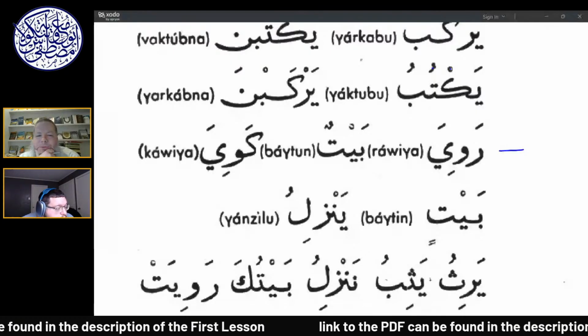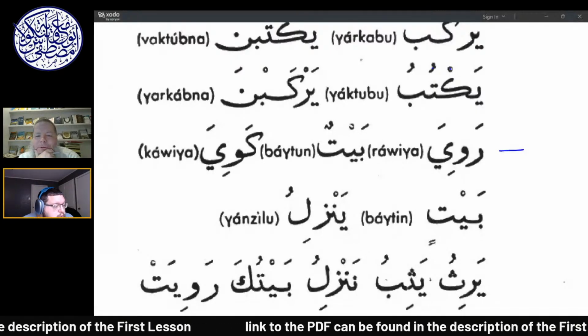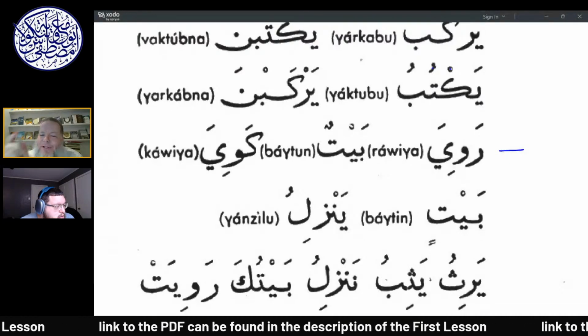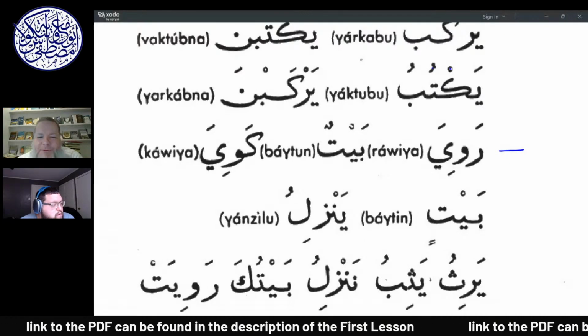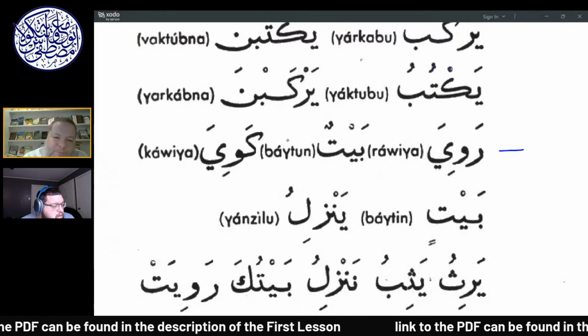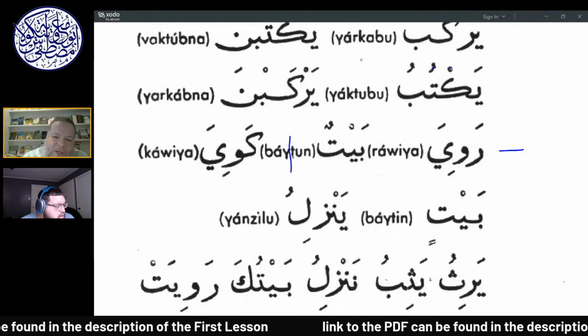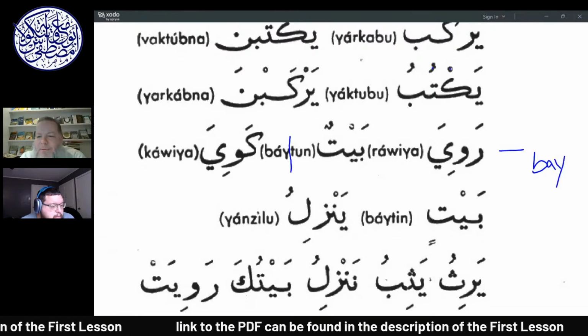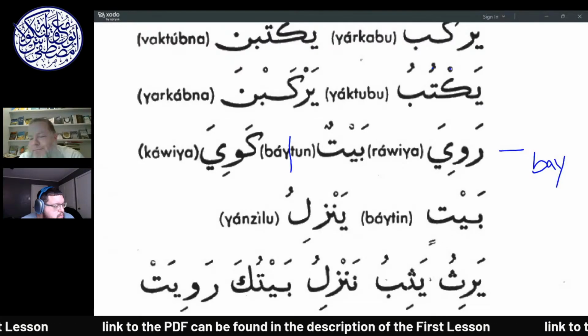This one might be a little hard for you. Bintun. There you go. Now, if you write it out, it becomes simple. If I were to make this a syllable, how do I pronounce this in English? Bay. Baytun.